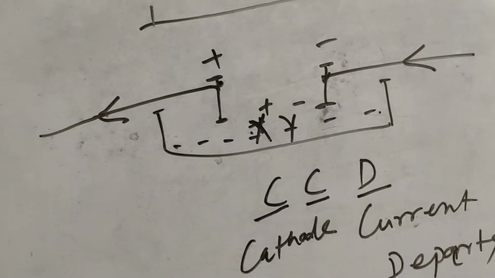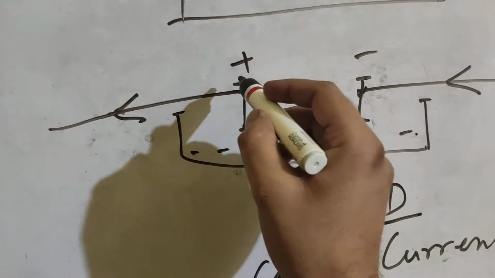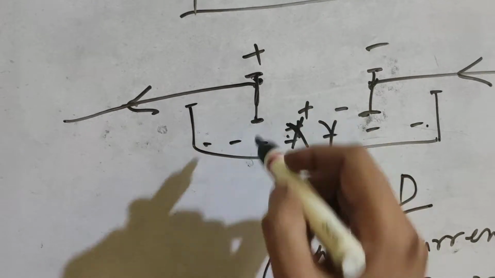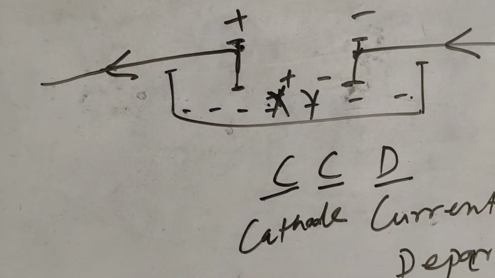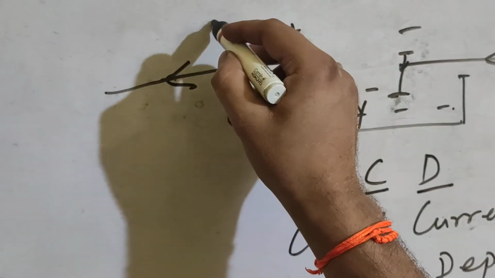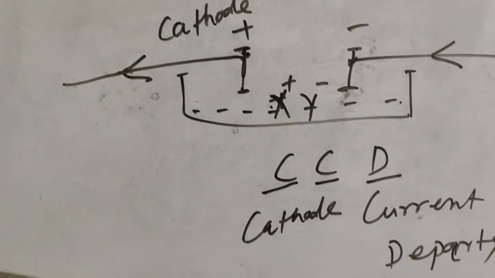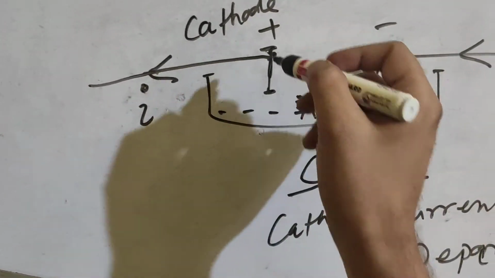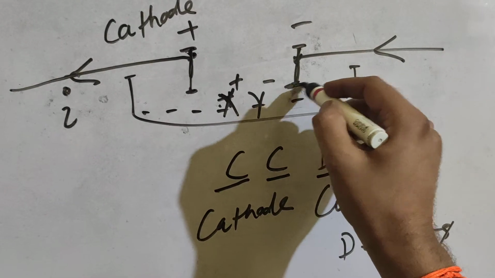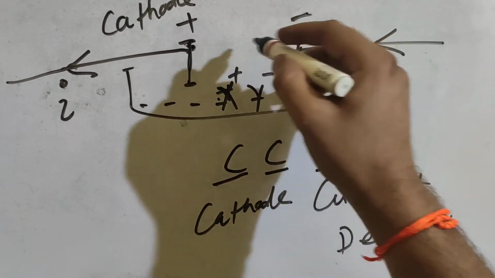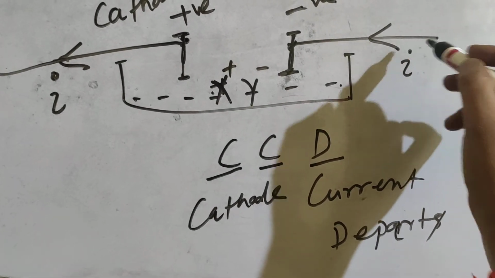That means for a supplier device, whatever terminal the current departs from is called the cathode. That means from the positive terminal the current is departing. If the current I departs from this terminal, this is called cathode, and that also means the negative terminal absorbs the electric current.